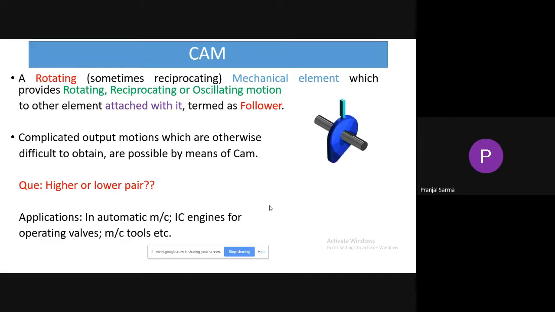Now if you think like that, is it a difficult or complicated kind of output motion or not? Because you have to time it properly. It should open at this particular time and remain open for this particular duration, not a random one but a standard particular time. Both the valves should remain closed for a standard duration of time, within which, depending on the type of the engine, both the compression and power strokes should be over.